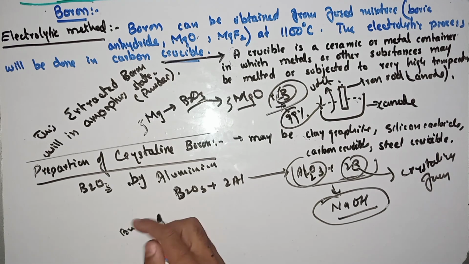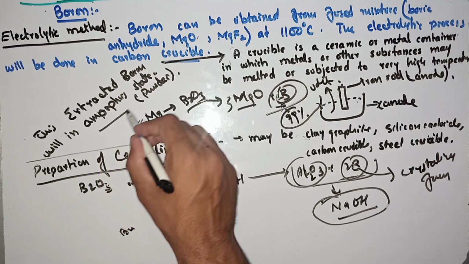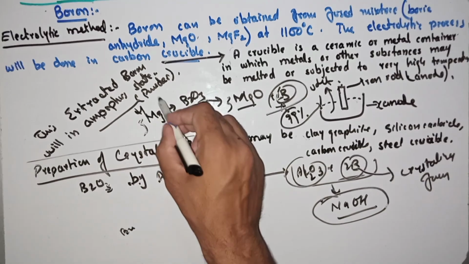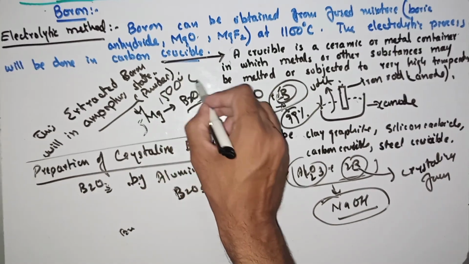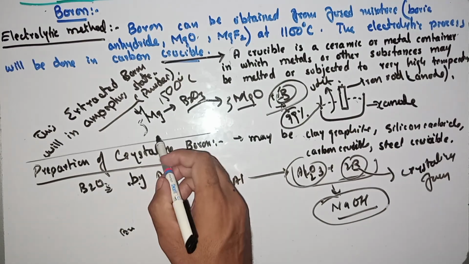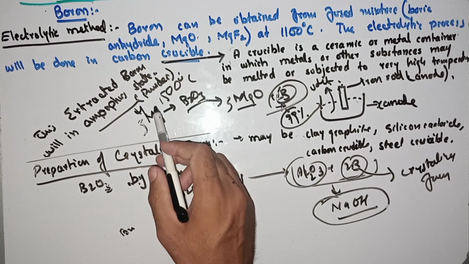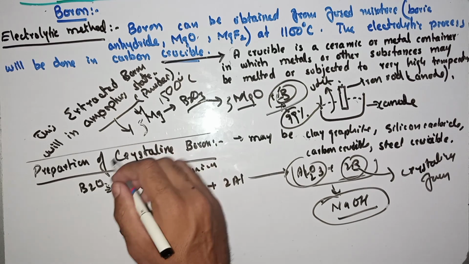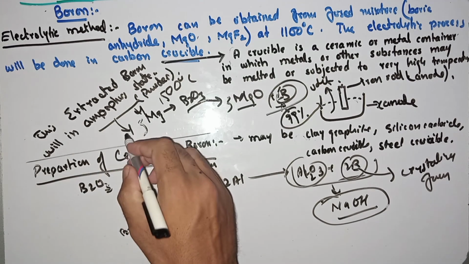Crystalline boron can also be prepared by dropping amorphous boron in molten aluminium at 1500 degrees centigrade. At 1500 degrees centigrade it dissolves, and on cooling it produces a yellow colored crystal deposit in the aluminium.